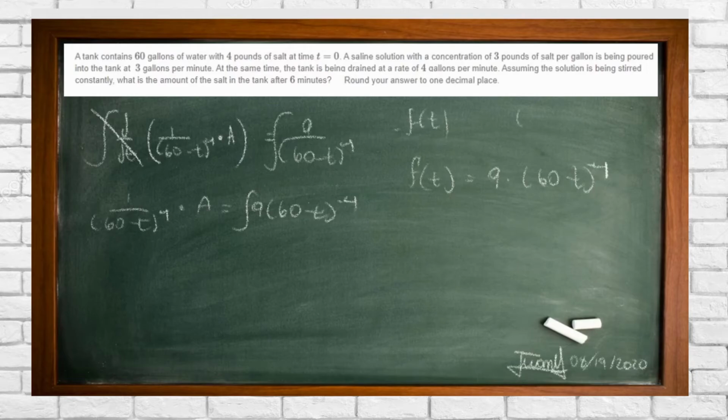When we derive something that has an exponent, that exponent is subtracted by 1, and it also starts to multiply our function. So our function in this case doesn't change, it's 60 minus t. So a number that when we subtract by 1 gives you -4 is going to be -3. Since 9 is a constant, it stays the same right here.